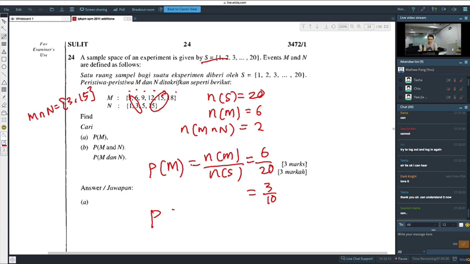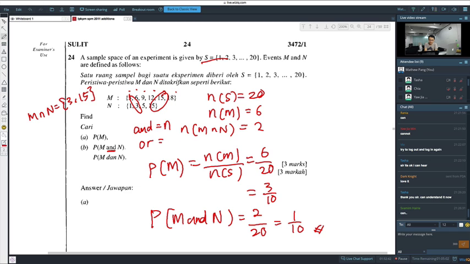And then same thing, the probability of M and N is the number of M intersect N, which is 2, over total 20. So it's just 1 over 10. It's very simple. You just need to remember whenever you see N, it means intersect. Whenever you see OR, it means union.